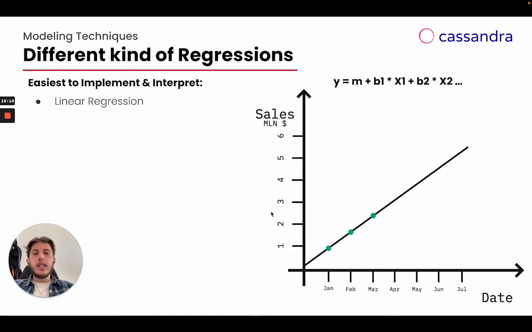And the idea behind linear regression is that you will have an equation like this, okay? And specifically, I would like to put the attention for a second on the beta coefficients. So you see here, we have this linear regression, which has been built on these 3 months of data.